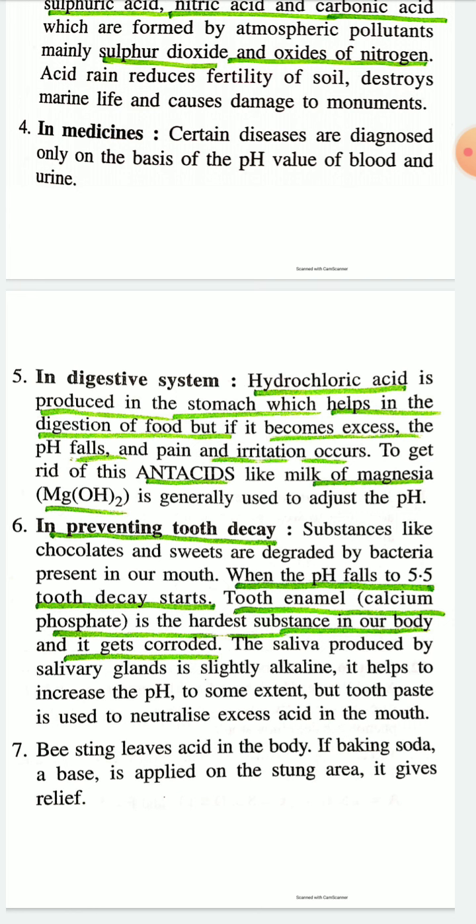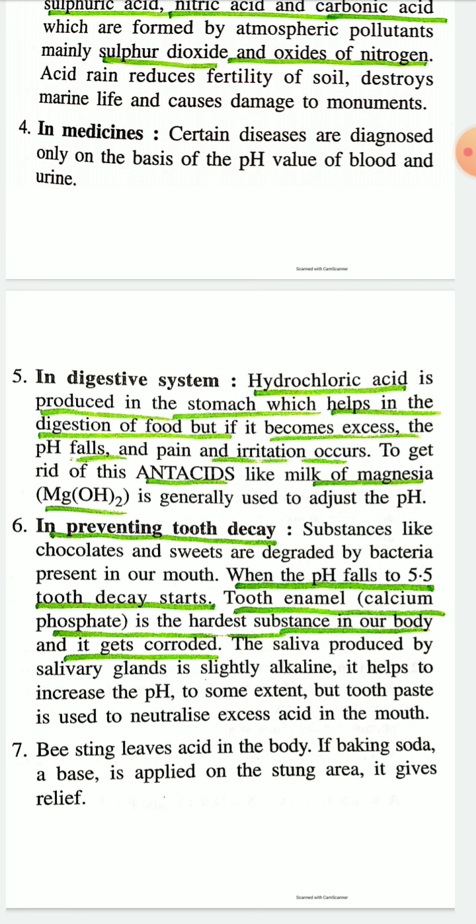But if hydrochloric acid is produced in excess amount, then we will observe many problems, like pain or irritation. So with excess hydrochloric acid, the pH in our body system will become less than 7, that is, pH falls.